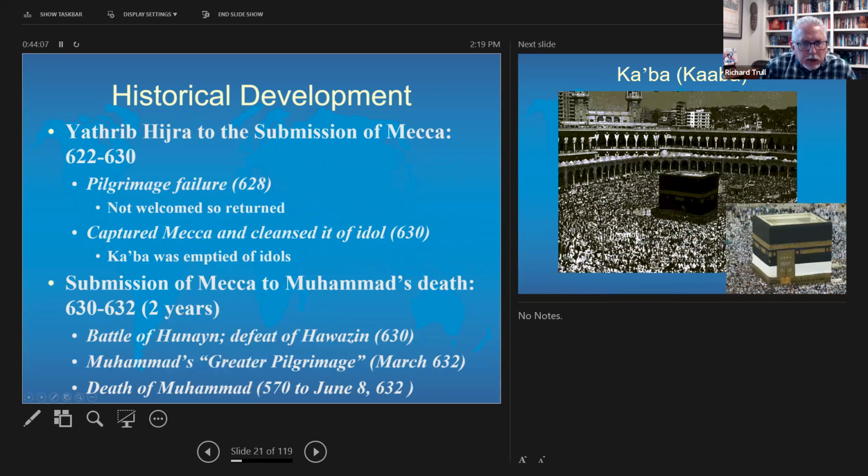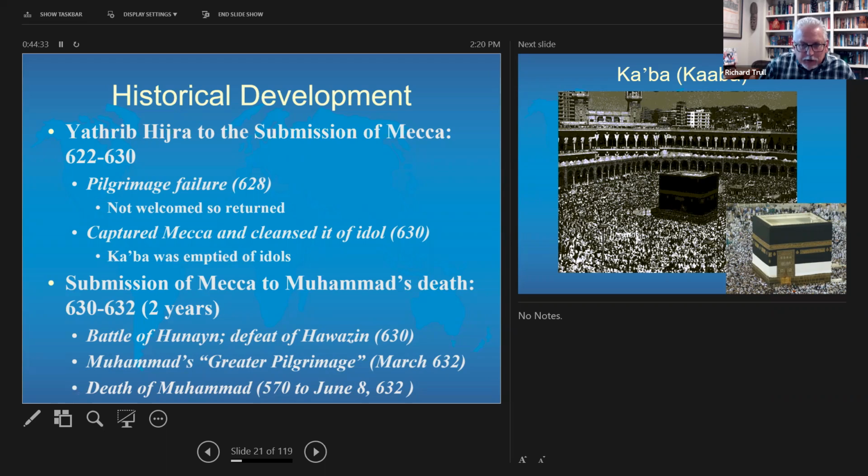He tries to make a pilgrimage to Mecca in 628, but he's turned back. He's not welcomed by the Meccans. So he basically attacks Mecca in 630 and captures it and cleanses the Kaaba of all the idols. And so you have the submission of Mecca.